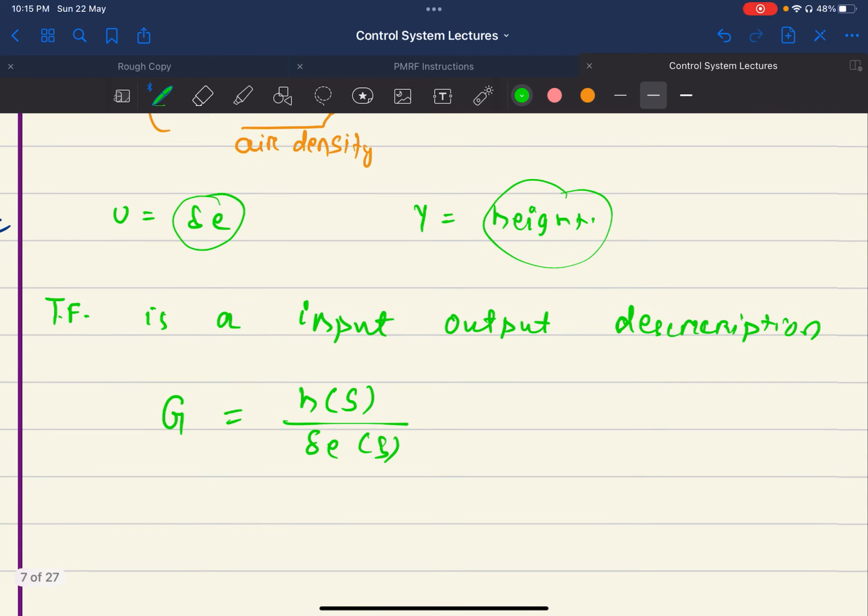Here is an important term, assuming all the initial conditions to be zero. So here are some important factors you need to remember. It's for an LTI system, and we assume all the initial conditions to be zero.